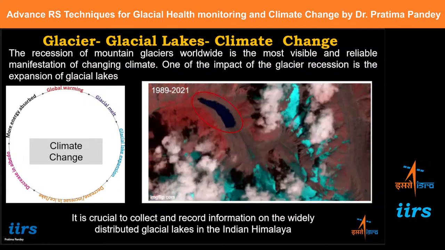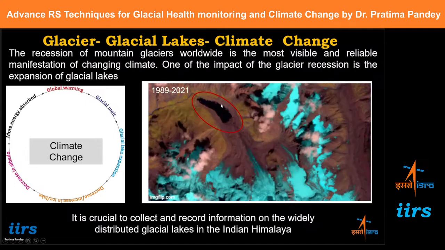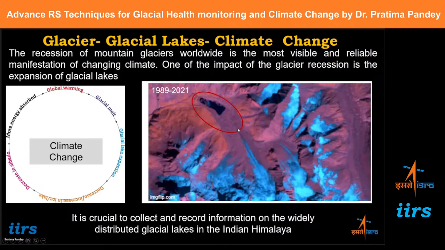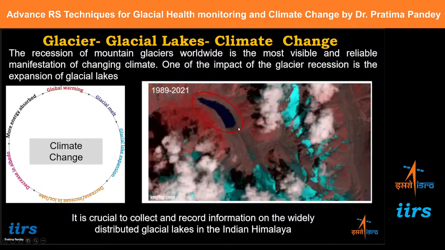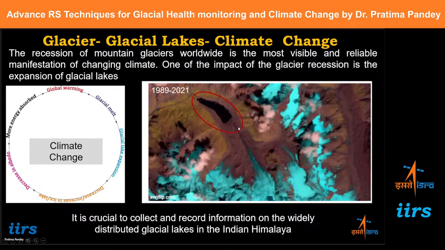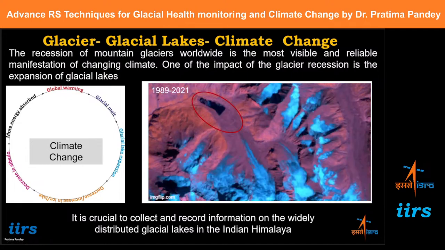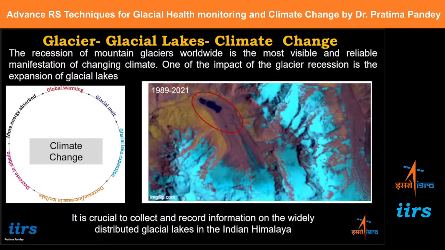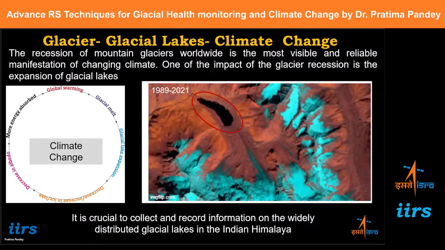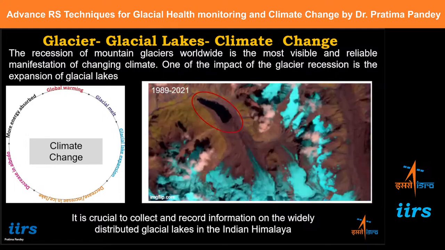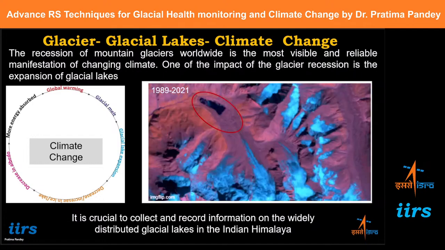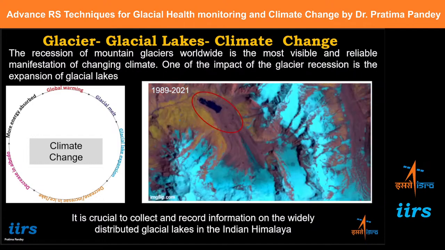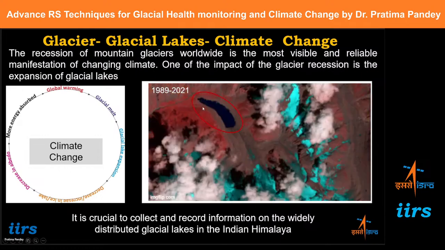There was a small lake here in 1989 and now the lake has started expanding and come up to here in 2021. So the fast melting of glaciers is giving rise to the development of glacier lakes, the formation of new glacier lakes and rapid expansion of glacier lakes, as you can see from this GIF.